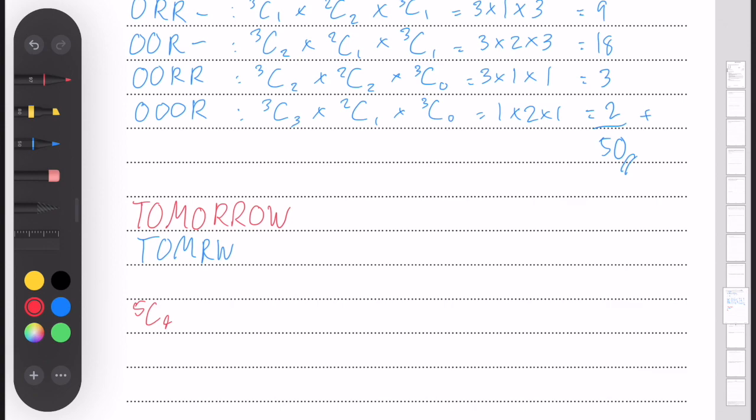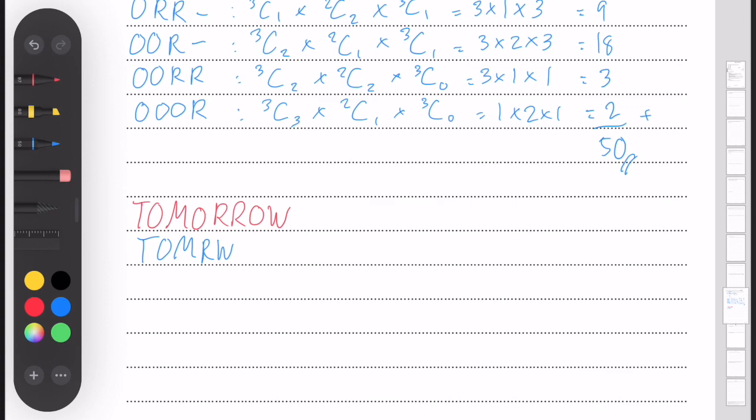But remember again, the question is asking us for the probability. And because of that, we are trying to count all the different letters in the word tomorrow individually to find the chance. So all the O's, all the M's, all the R's, all the W's, all the T's are all considered different letters in this case because we're trying to find the chance of choosing one of them.